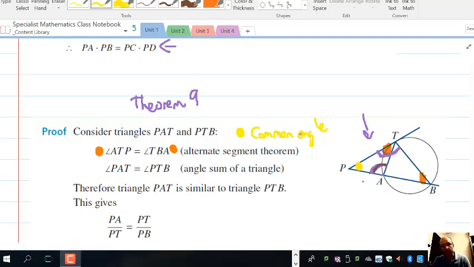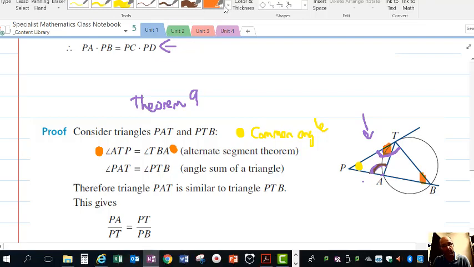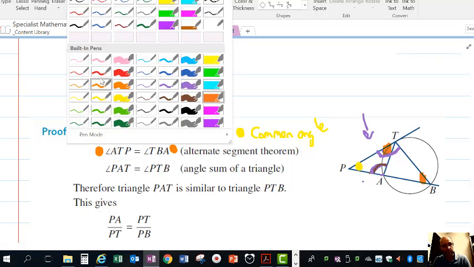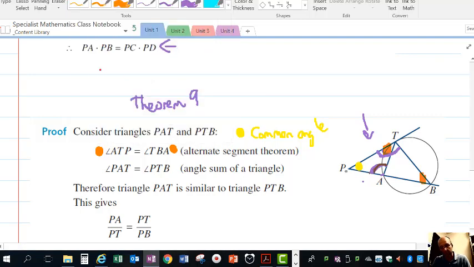And notice that I'm comparing using big triangle versus little triangle. So let me get a different color here. So the big triangle PTB versus the smaller triangle, put in blue, PTA.